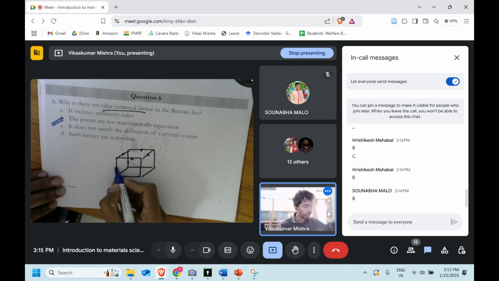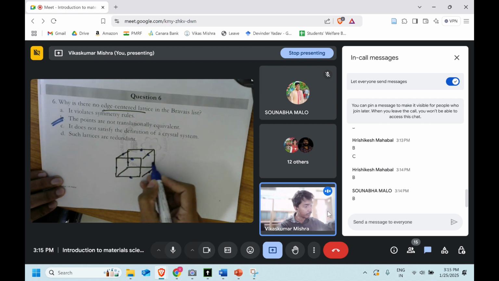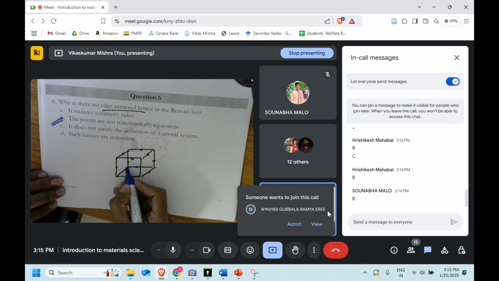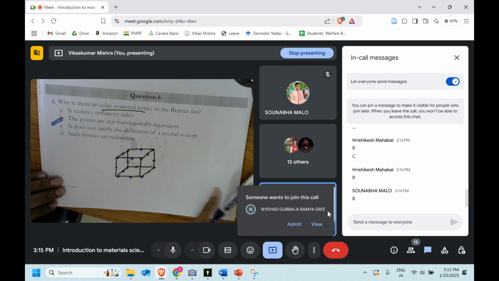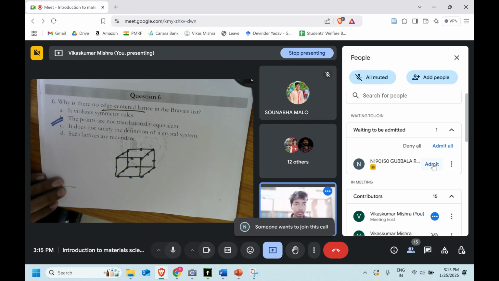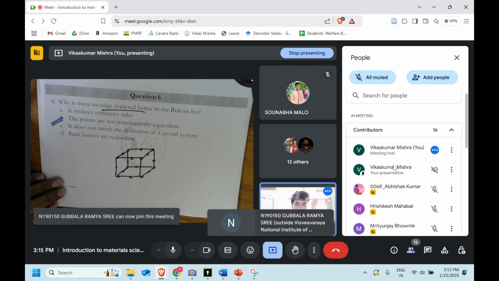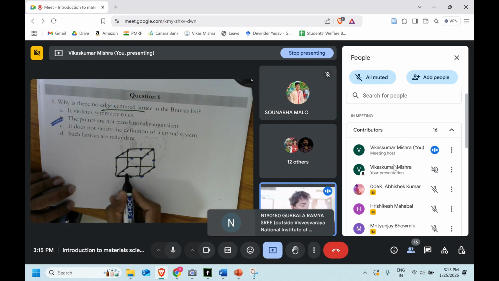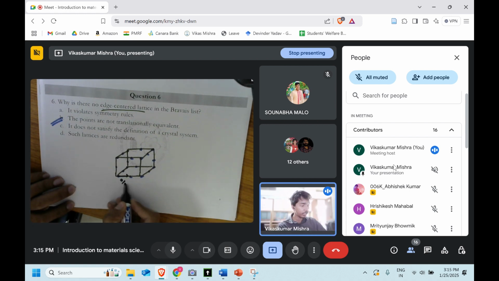On the edge we are putting the atoms, and at the corner also we are having the atoms. Translationally equivalent means that I am going here by a distance of a by 2 in this direction.